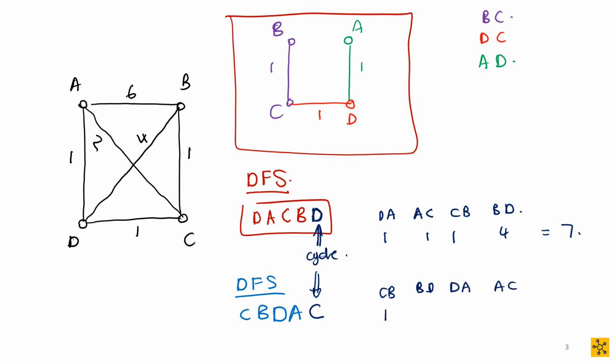So we would have had 1, 1, 1, plus AC, and AC in this case is 2, which gives us 5. So you'll notice the technique is not necessarily going to give us the lowest, but it is going to give us a low weight cycle.